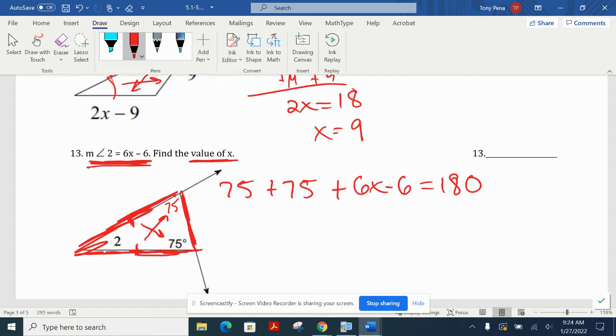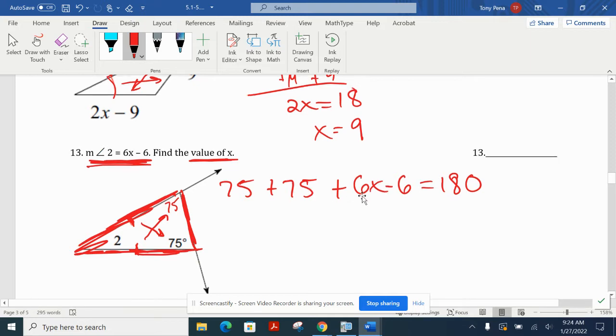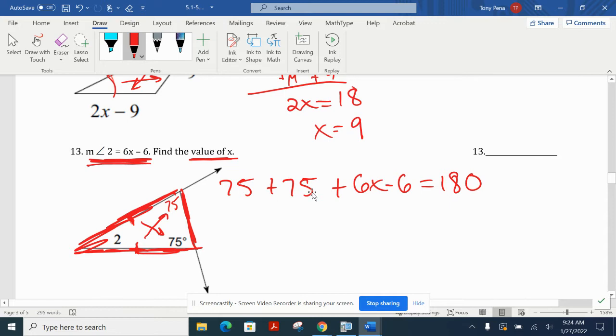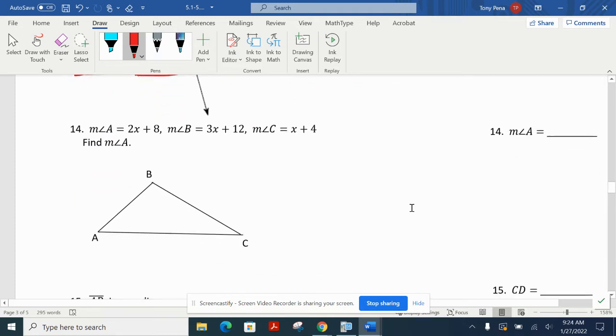What I'm probably going to do is just set these up and trust we can solve these. I want to make sure we get as many of these done as we can. But that's how you're setting that up, and then you just solve the equation, combine your like terms, and solve for x. Okay? All right, go to number 14.